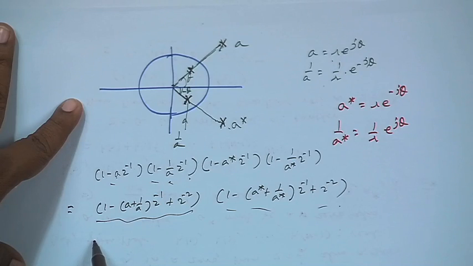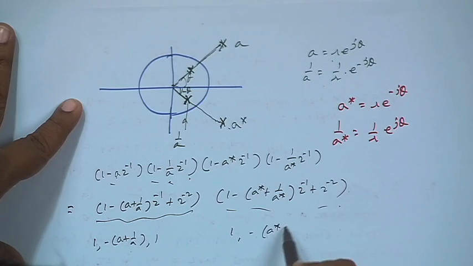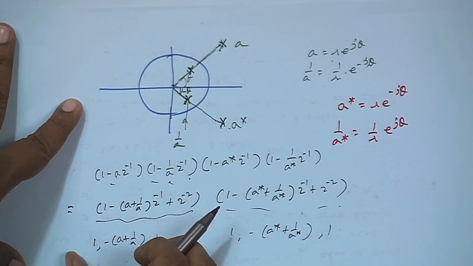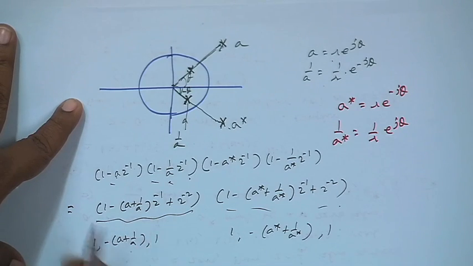What is the impulse response here? 1, minus, and 1, and here 1, minus a star plus 1 by a star, 1. This is second order, so the total number of terms is 3. The length is odd, so there is a mirror here, this is the odd man out, and from the mirror if you go to the left you get 1, to the right 1. So it is symmetric. This will be linear phase, and the other will be linear phase in the same way.